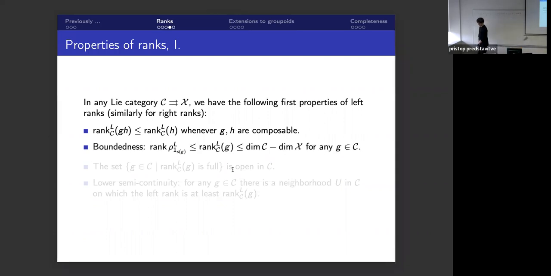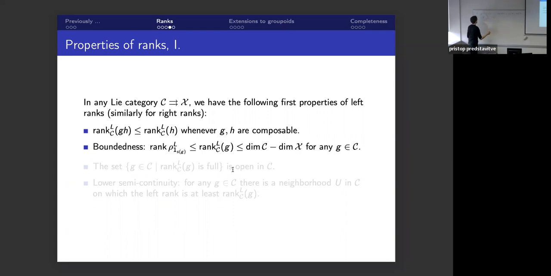The second property: the upper bound was already cleared up, right? But not the lower bound. So how do we show the lower bound? Well, the only thing that we need to observe is that we have a certain commutative triangle.